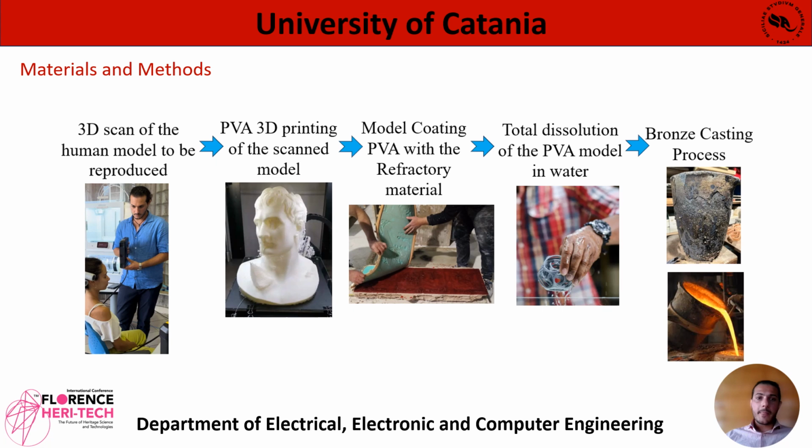In this way, it's possible to immerse everything in water to make the PVA totally solubilized, and finally cook the refractory at a temperature of 900 degrees centigrade in order to delete all traces of water and impurities, in order to be able to immediately carry out the bronze casting.